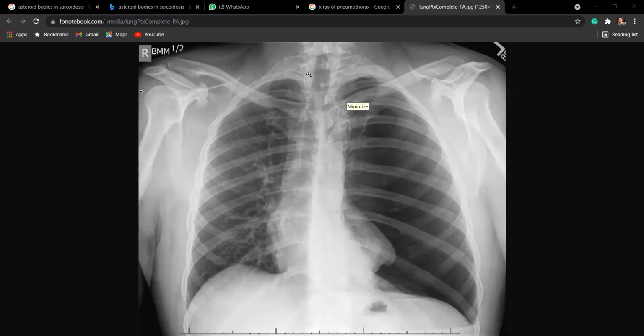Are you typing? Okay, so how would you know it's a collapsed lung, not another structure? Is that your question?